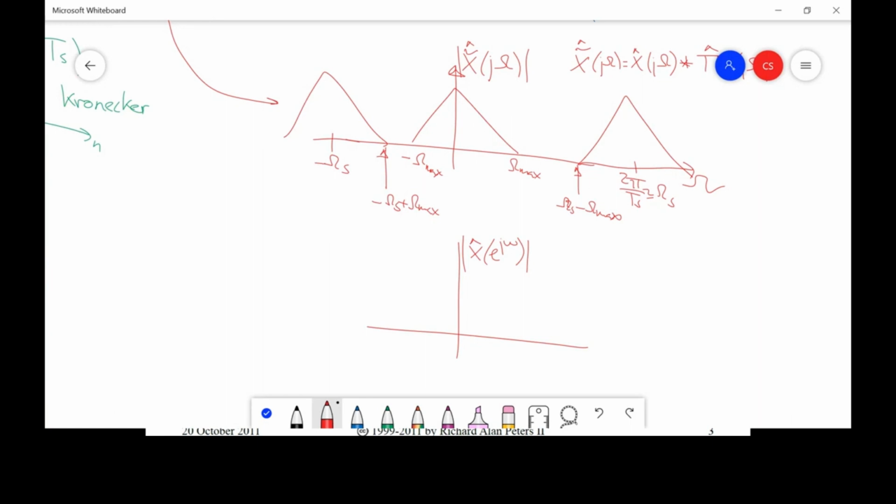Okay, so now the frequency axis is rescaling. So it goes from omega max to minus omega max. And now this point here is 2 pi, and this is minus 2 pi.